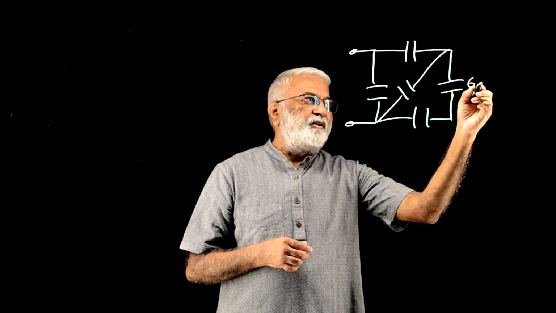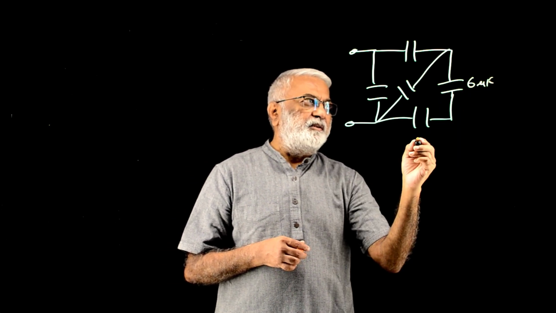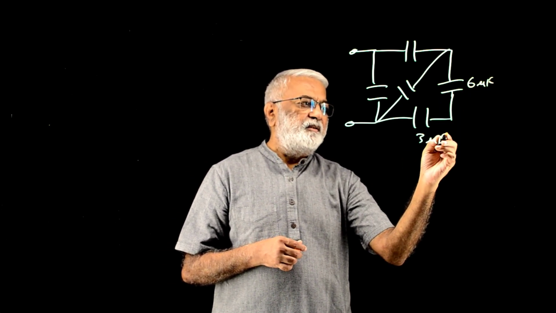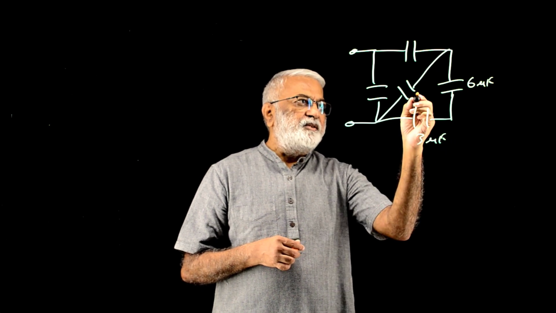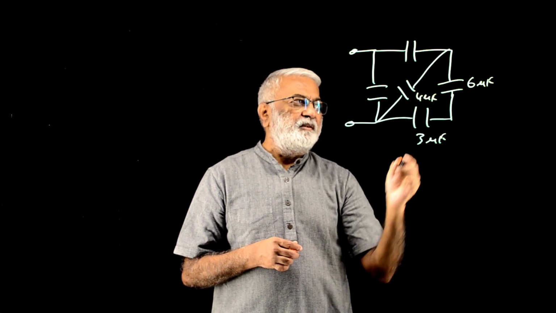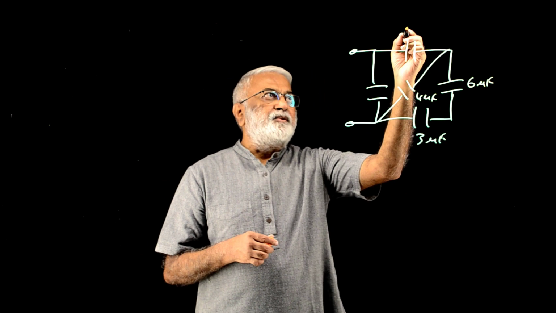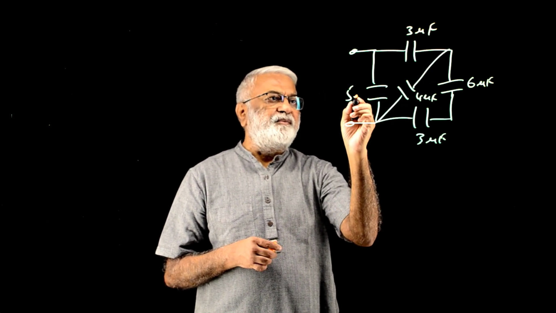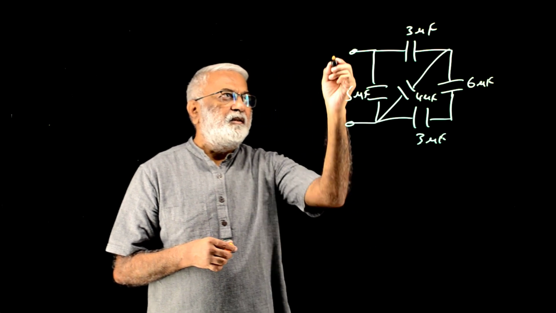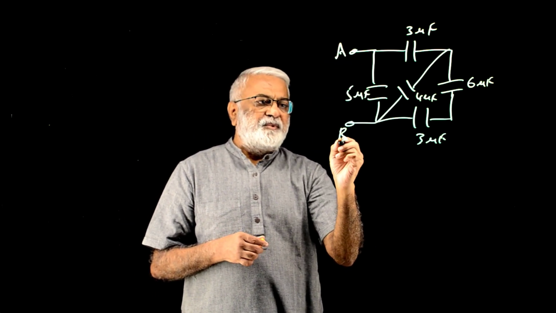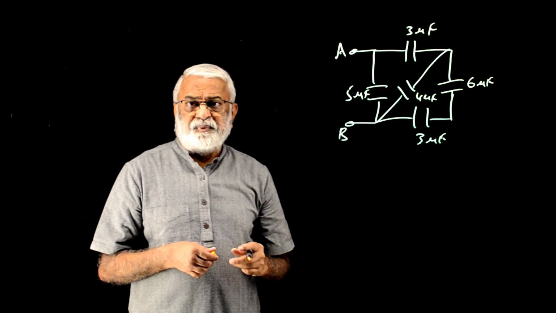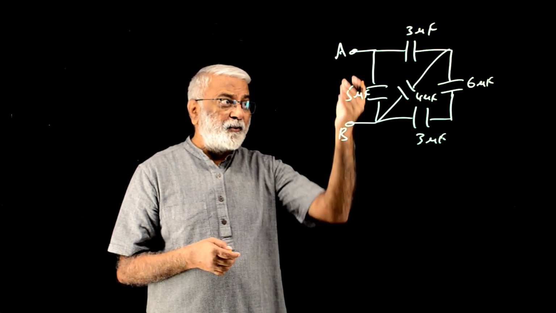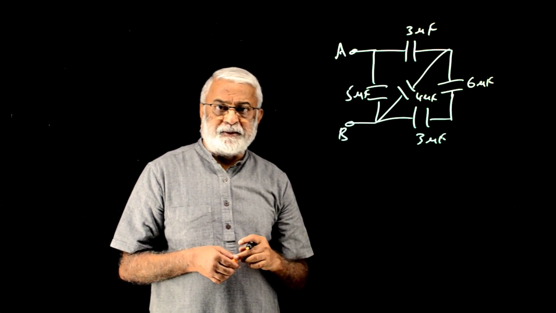This is 6 microfarad and this is 3 microfarad and this is 4 microfarad. This is 3 microfarad and this is say 5 microfarad. So our interest is to find the equivalent capacitance between A and B.